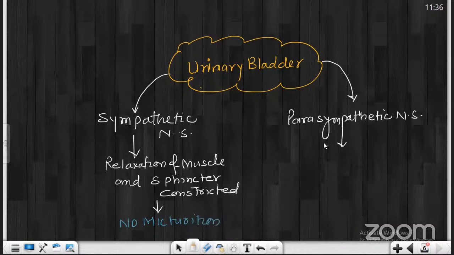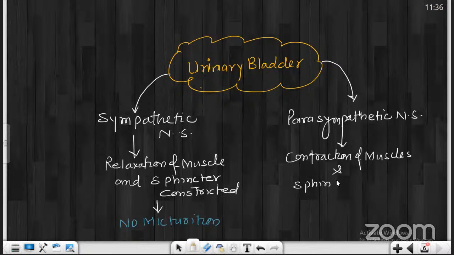So just opposing to it, contraction of muscles takes place, right? And what about the sphincter? The sphincter will relax. When the sphincter relaxes, what happens?